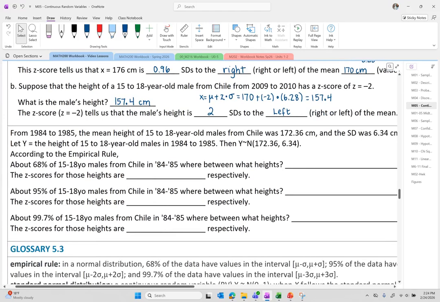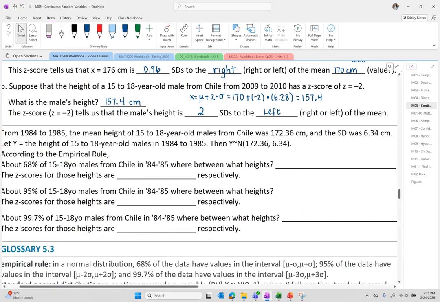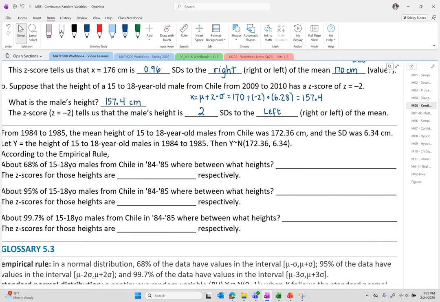Last example for this video: from 1984 to 1985, the mean height of 15 to 18-year-old males from Chile was 172.36 centimeters with a standard deviation of 6.34 centimeters. If the variable y is the height of 15 to 18-year-old males in Chile in the period 1984 to 1985, then y follows a normal distribution that has a mean of 172.36 and a standard deviation of 6.34.